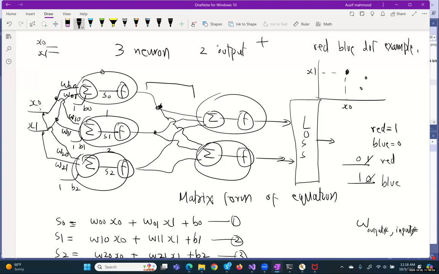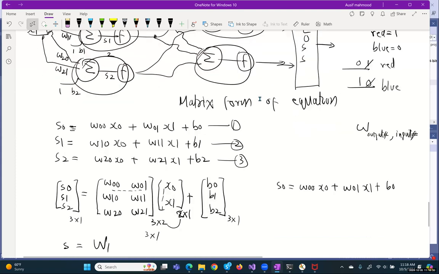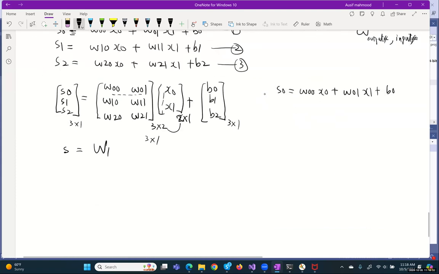So let me call the first one as W1, right? So as a matrix equation, can't I write S equal to W1 times X plus B? Okay. Or let me call it B1.